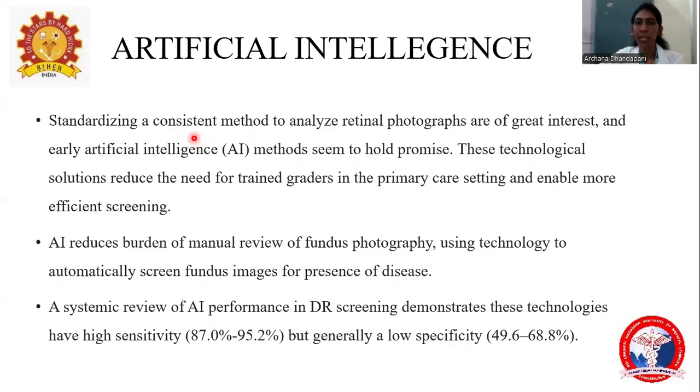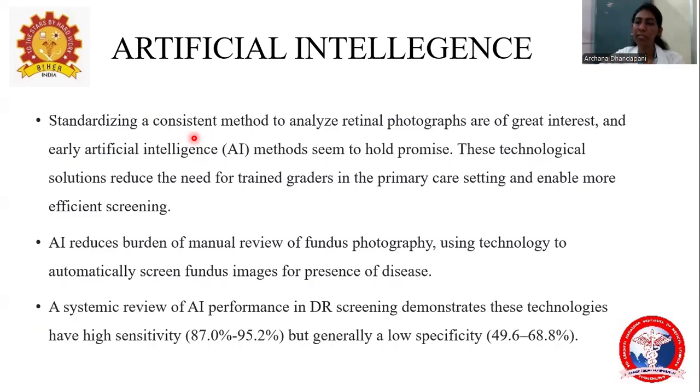AI reduces the burden of manual review of fundus photographs using technology to automatically screen fundus images for the presence of disease. A systematic review of its performance in diabetic screening has demonstrated that it has a very high sensitivity, 87 to 95.2%, but generally a low specificity, that is 49.6 to 68.8%.